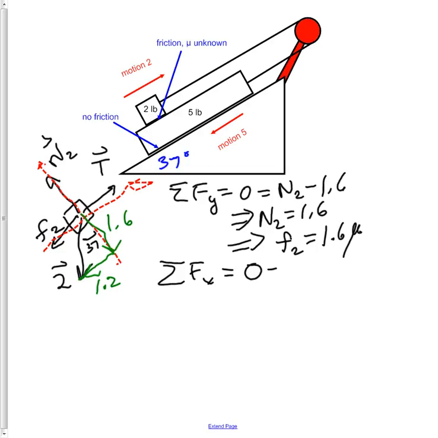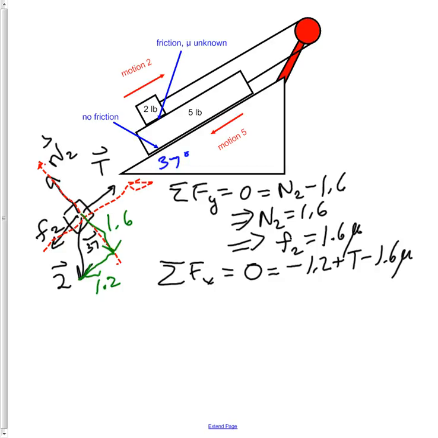And so this is equal to minus 1.2. That's the component along the incline of the weight. And then we have plus T, that's the tension. And then we have minus 1.6 mu, that's the frictional force.